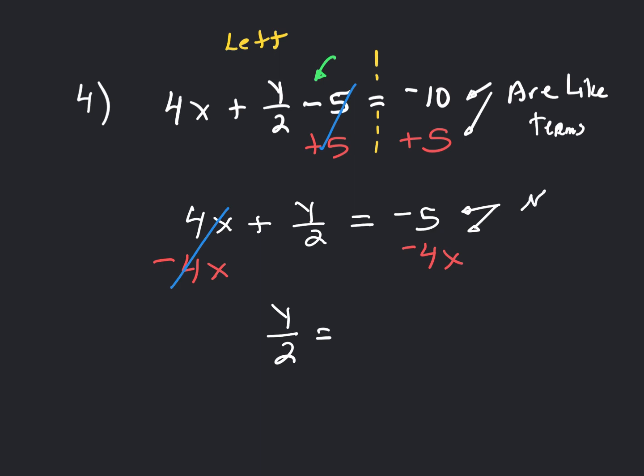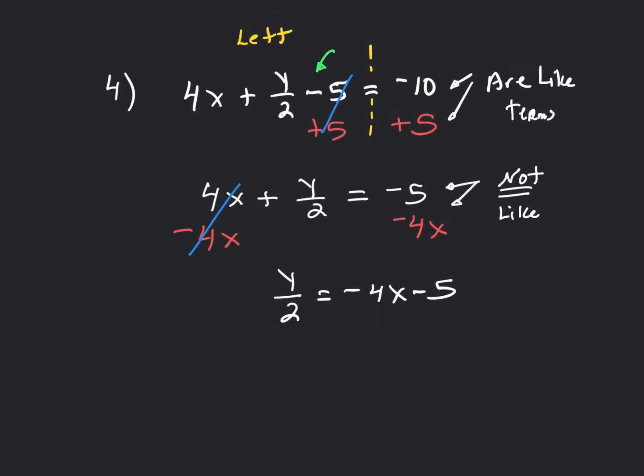One term has an x and the other term does not. So we cannot say negative 9x. That is not allowed because they're not like each other. So that means on the right-hand side, we have a negative 4x and we have a minus 5.